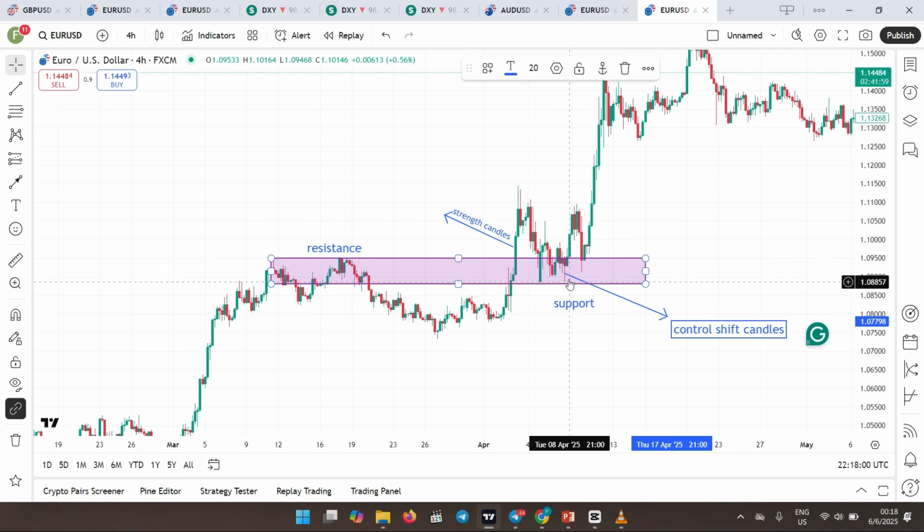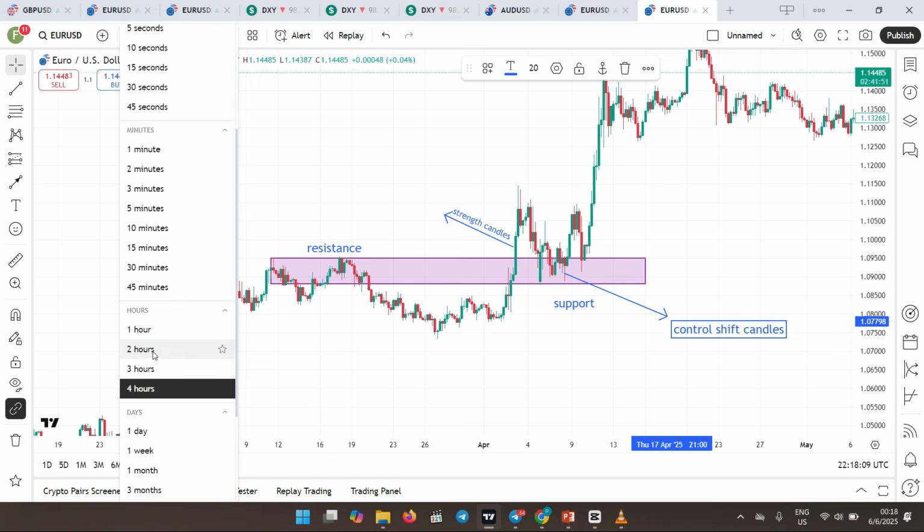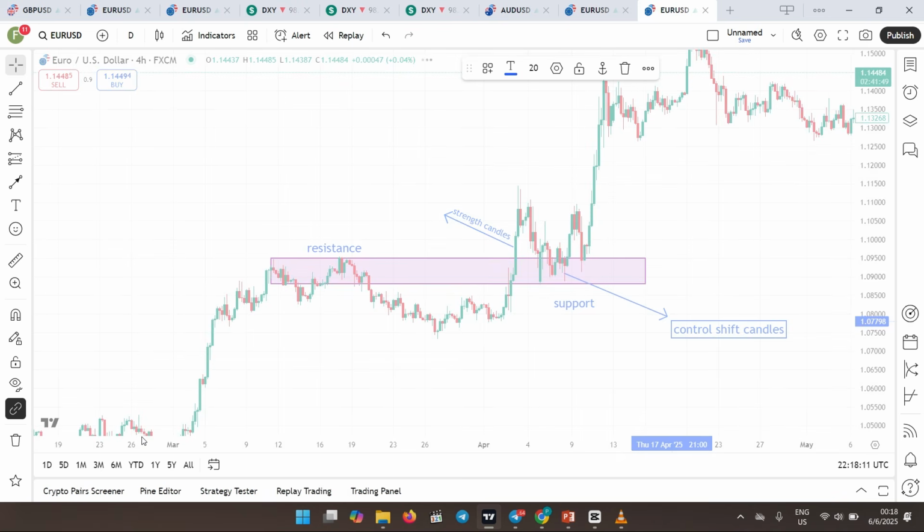And then when you get this, price pushes up a little bit, comes back to retest this, and it goes up, right? Let's try to see how this looks like on D1. Like I was telling you, the higher you go, the more clear these things will be. Let's see what it looks like on my D1.